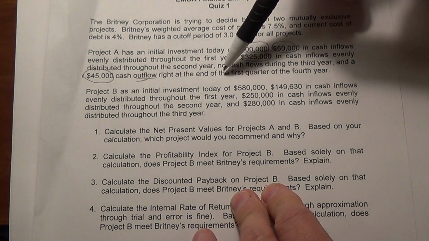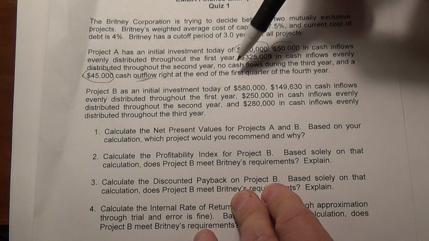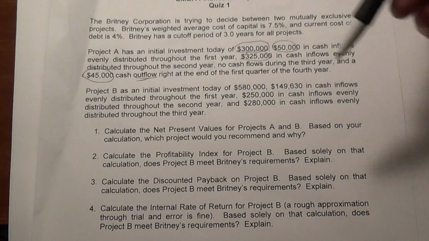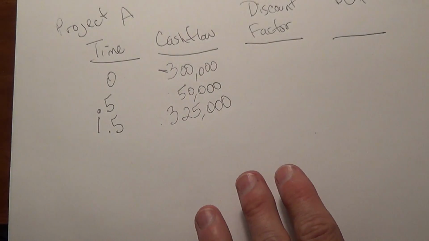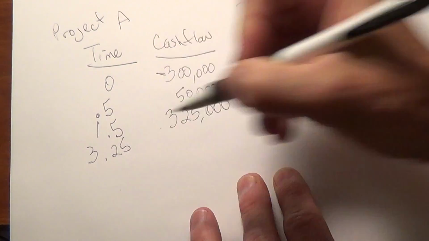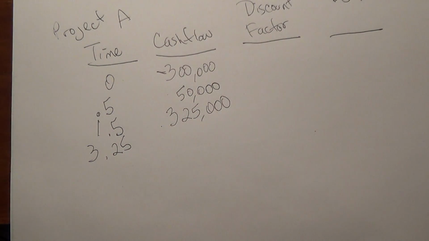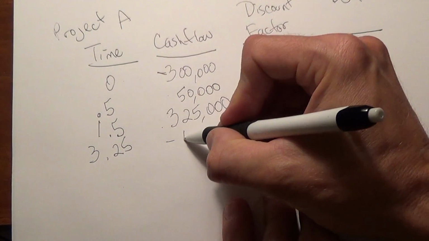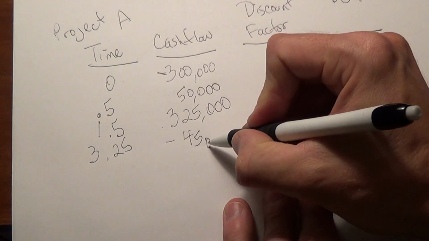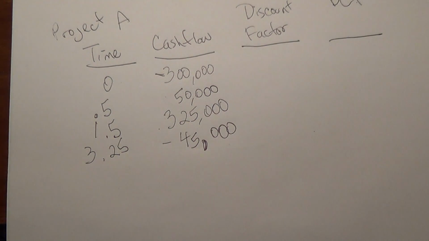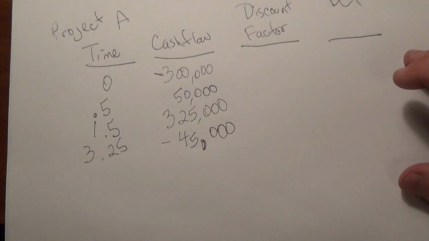And if it happened right at the end of the first quarter, then that would be 3 years plus a quarter. So my time here is going to be 3.25. I know that can be the toughest part of this quiz, but just do your best, because I don't count off much if you have trouble there. And again, it's a cash outflow, so we're going to use negative $45,000 as given. And so now we have our cash flows written out.